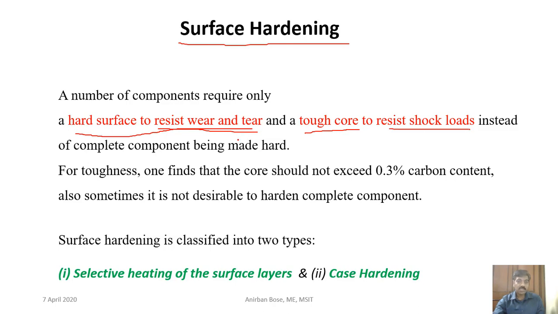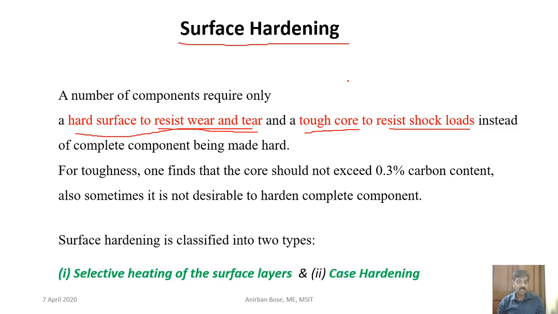You can think of a gear, where the wear and tear is happening only at the surface when it is mating with other gears, but we do not need the core to be very hard. Rather, to resist shock loads, we need a softer, tough core. So only the surface is required to be hard, not the whole material.